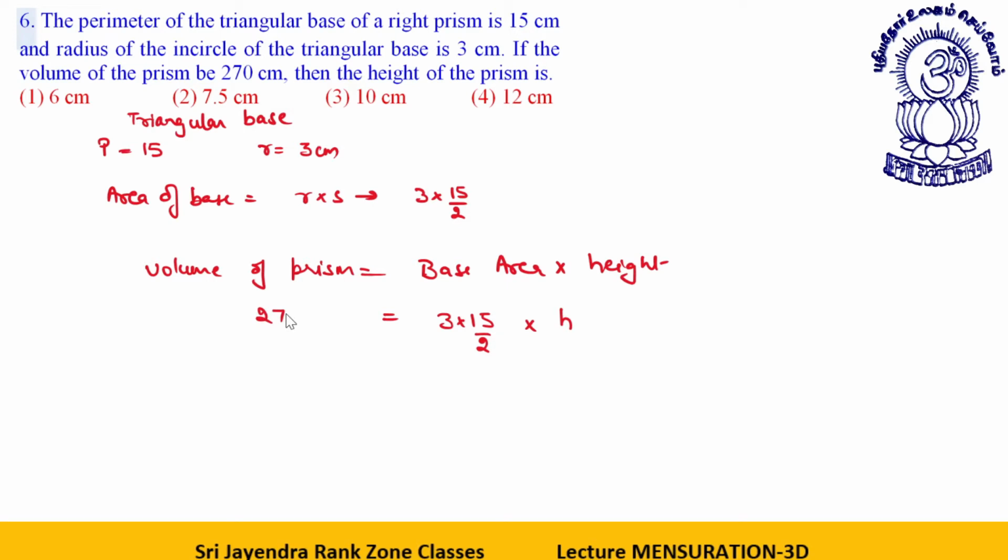Volume of the prism is 270. 3 into 90 is 270. 90 cancelled by 15 gives me a 6. So h comes out to be 6 into 2, that is h is equal to 12 centimeter, or option 4 is your answer. Okay, dear students. Next one.